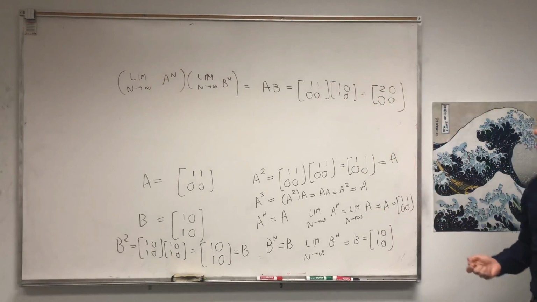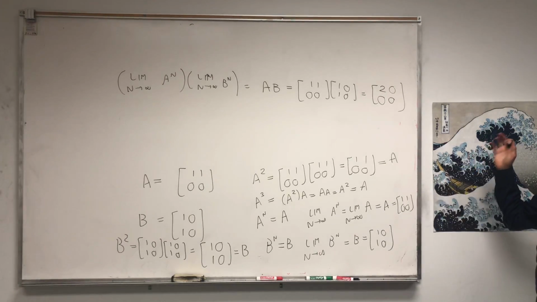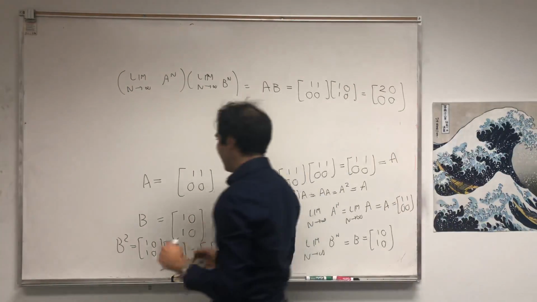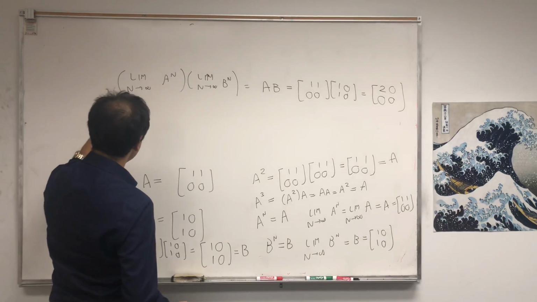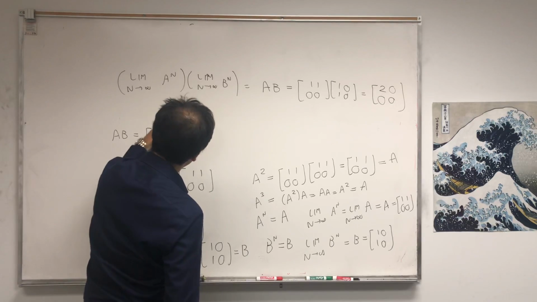So that's the product of the limits. Now the question is, what about the limit of the product? Well, we did calculate AB. That's 2, 0, 0, 0.